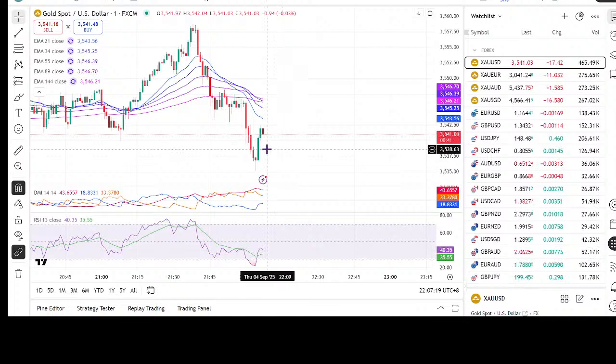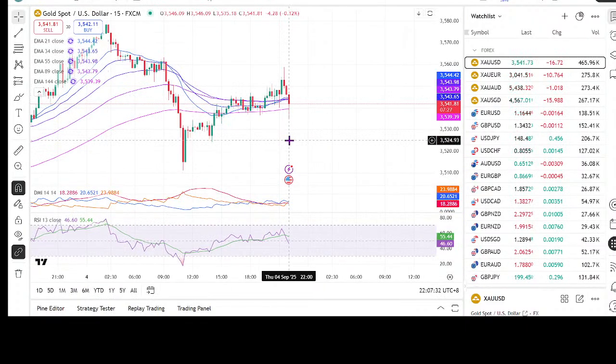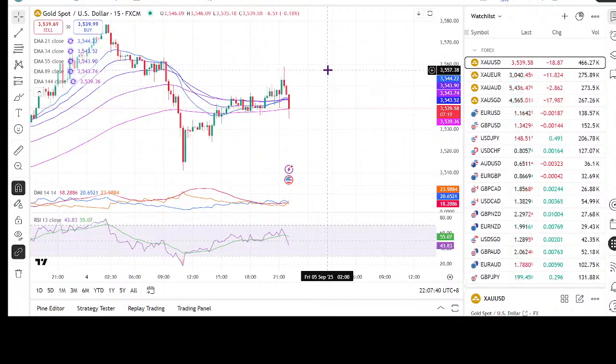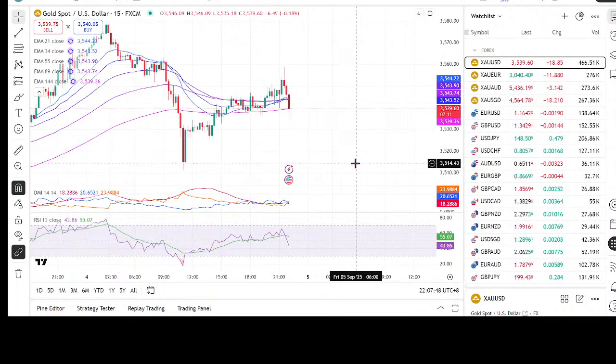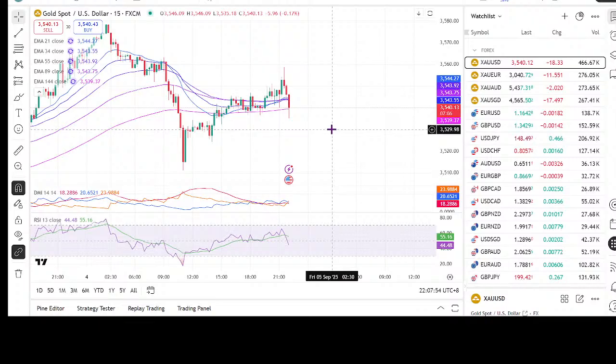Okay, let's wait and see. As of now I don't have any view because the view is still the same. I'm still bullish, but this weakness is a bit disturbing, so I don't want to go for a sell either. Let's see whether we can see some more weakness. Then if we have seen the base, we will go for a buy. Until then, I don't want to take any trades yet.